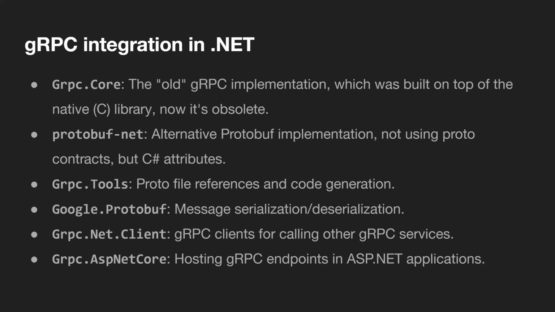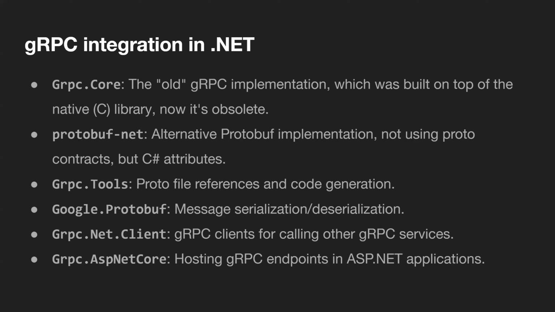And then the last four packages on this slide, these are the current up-to-date packages that you can use for gRPC. So Grpc.Tools and Google.Protobuf, we've seen these in the example earlier when we were doing the serialization. Grpc.Tools gives you the tooling for the proto file references and code generation.